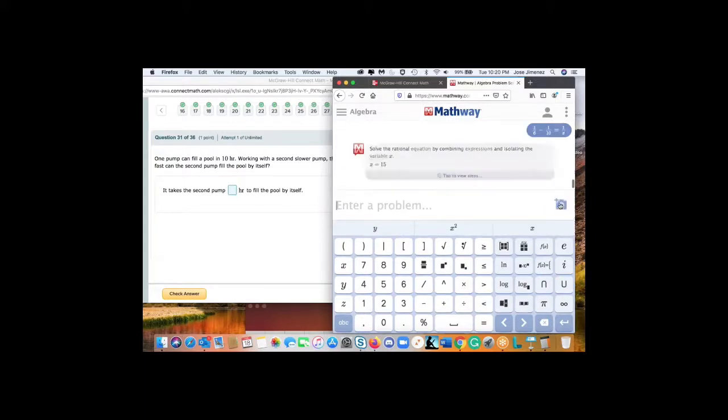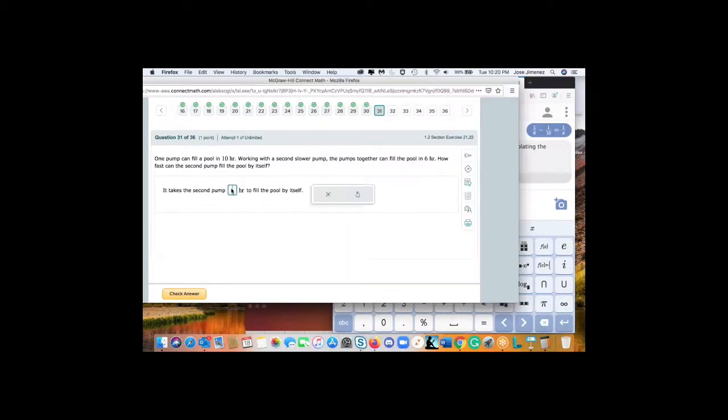So we just click, and x will be 15 hours. In 15 hours, we'll do that. That makes sense, right? Both together are doing it in 6 hours. One does it in 10 hours, but the other one, which is slower, does it in 15 hours. So it makes sense.